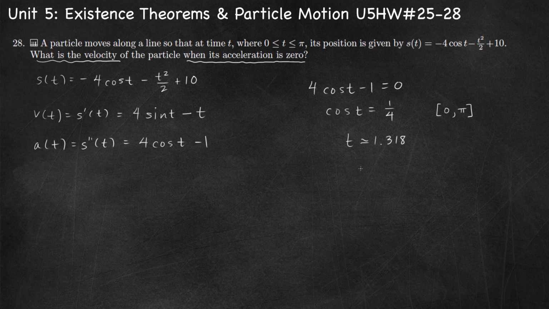That's the time when acceleration is 0. And we want to find the velocity at that time. So now we're going to find v of 1.318. Write that over here. v of 1.318 equals, and bring the calculator back up.